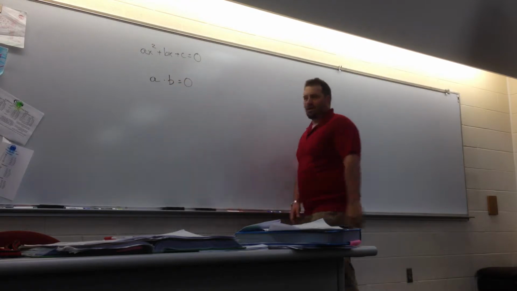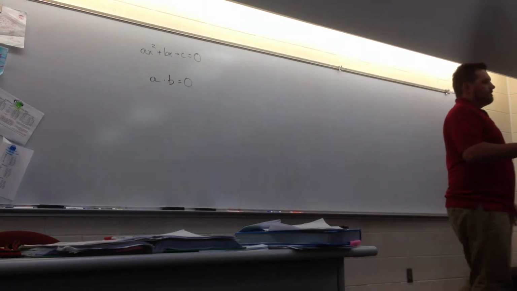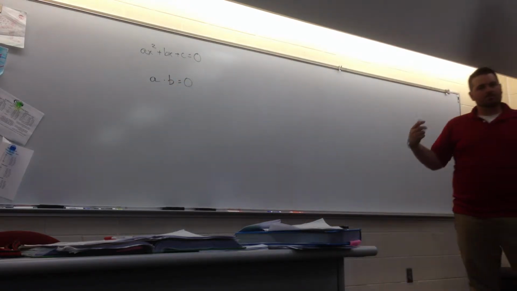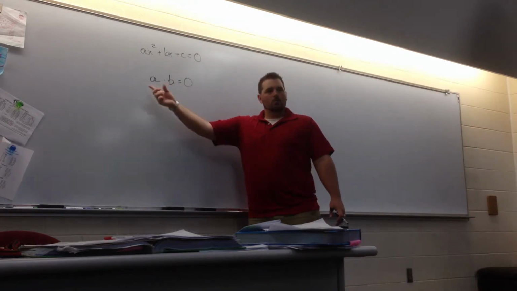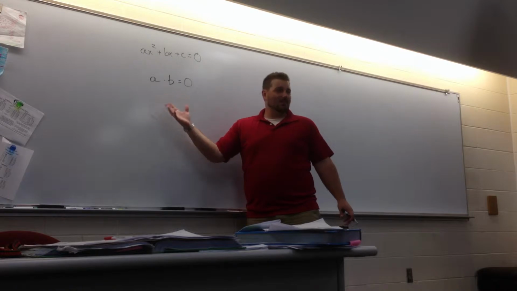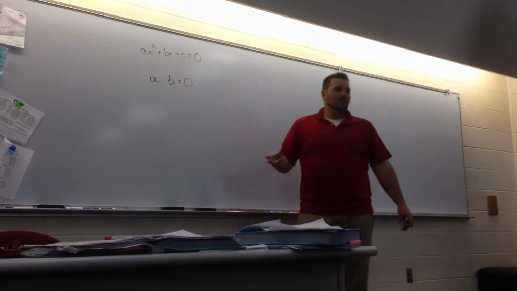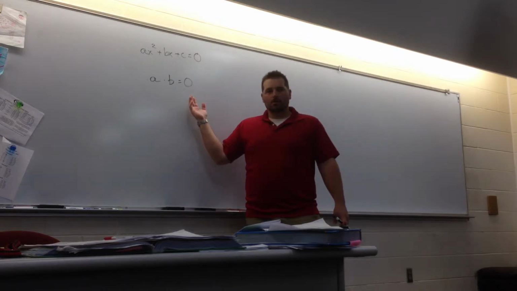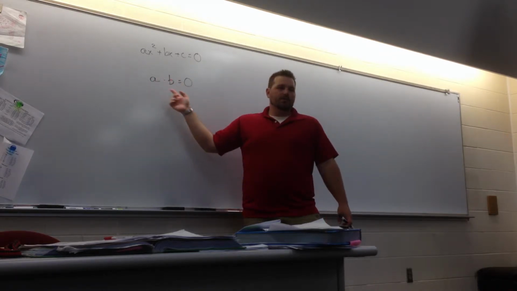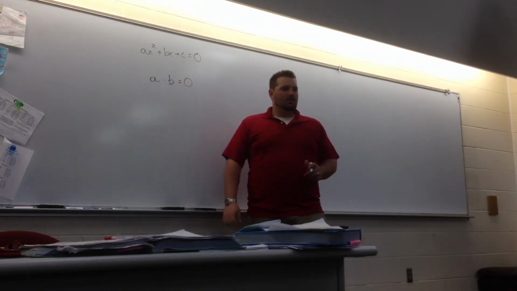So we could say a times b equals 0. Okay? Or a piece of something times a piece of something equals 0. In order for this to be true, one of these two things has to equal 0 by the zero product property. Okay? Something times 0 equals 0. So one or both of these has to be equal to 0.